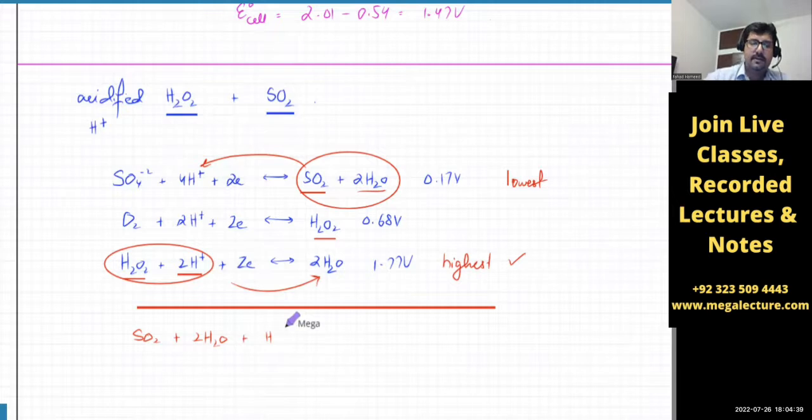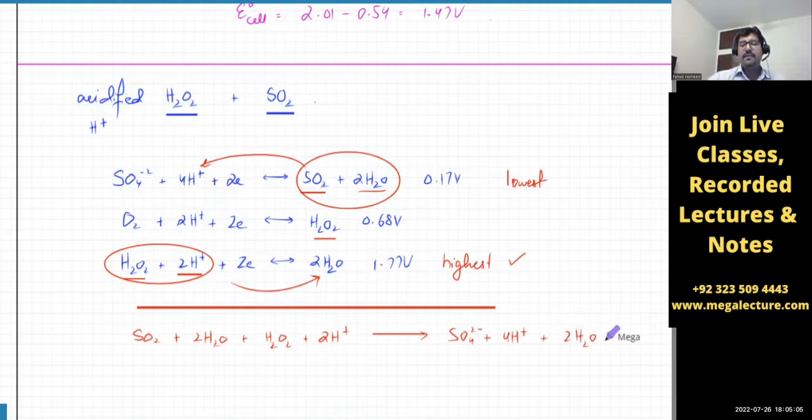Then you can write the products. The products in the first one are SO4 2 minus plus 4H plus 1, and in the second one, 2H2O. Now think of it as a math equation.